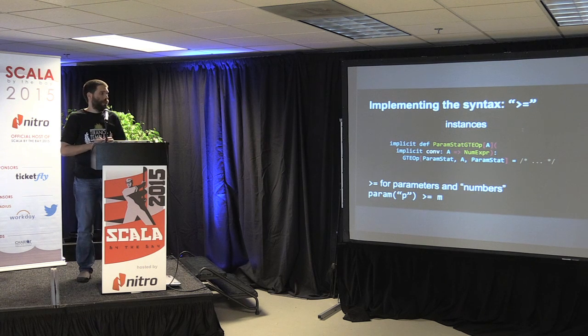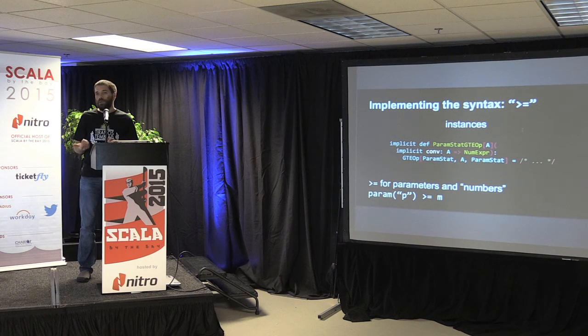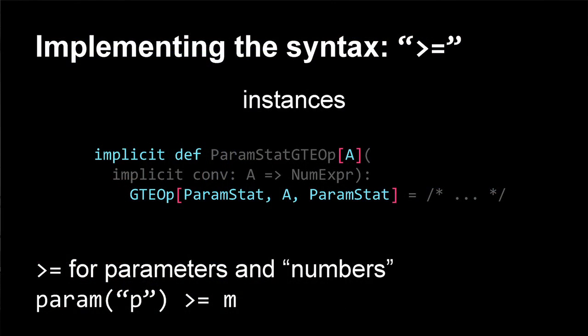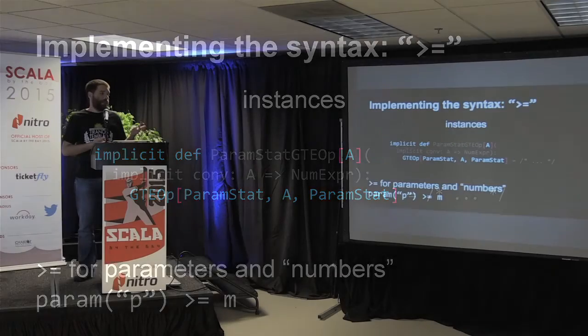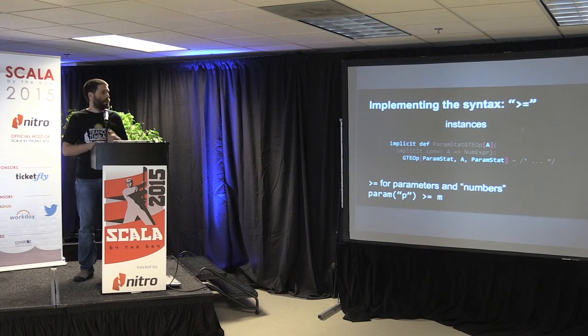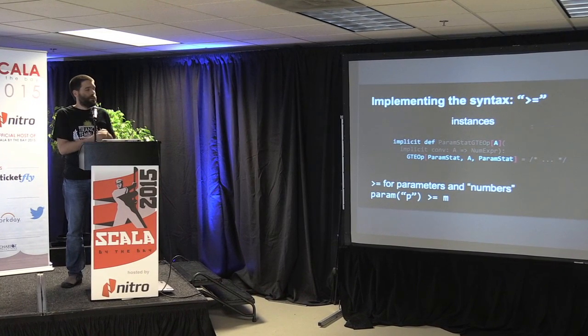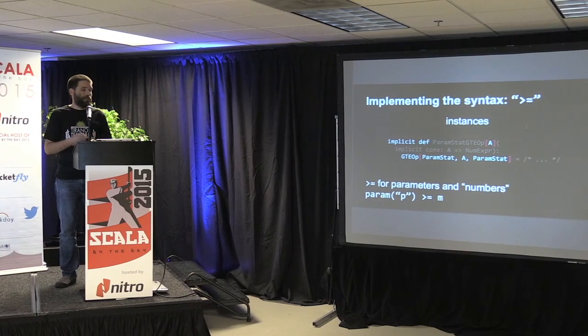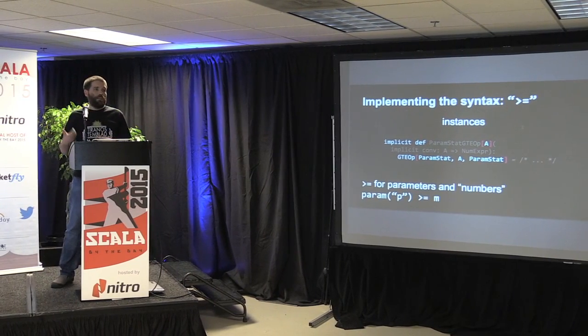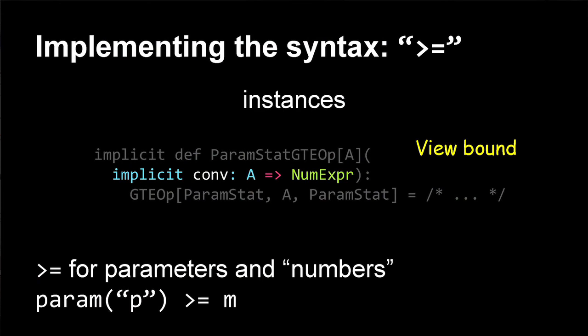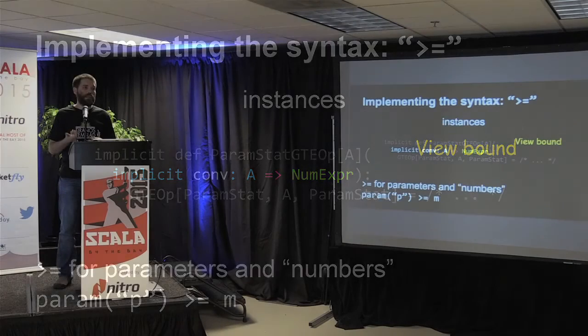This is the instance that allows us to use the greater than or equals operator to define the lower bound of a parameter. It is an implicit def, not an implicit val, because we want to have a type parameter. It creates an instance of our trait, our type class, that has a parameter as the left argument, some generic A as the right argument, and returns a new parameter. For this generic A, we are asking for the existence of an implicit function that can convert this A to a numerical expression.